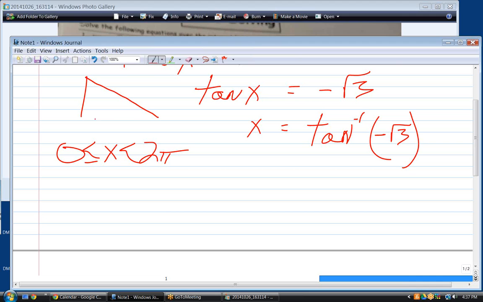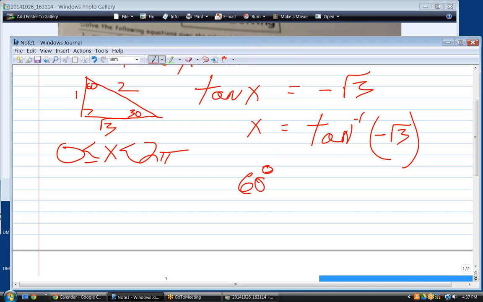So first of all, let's look at our 30-60 triangle, because it's the one that's got the root 3 in it. Which of those angles is the tangent equal to root 3? 60. Okay, so that's our basic angle we're looking for, only we know it's not in the first quadrant.